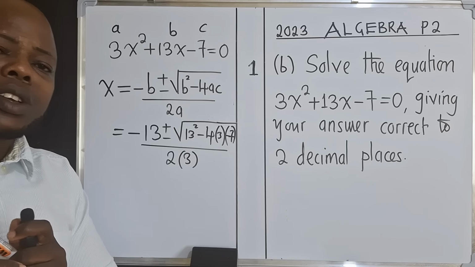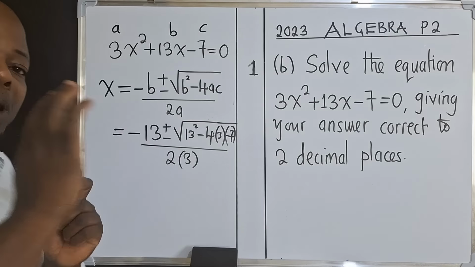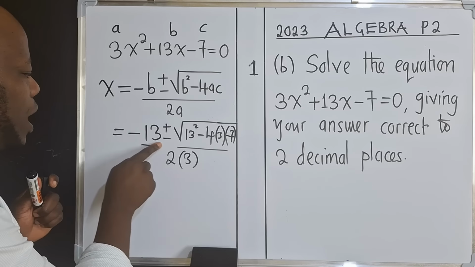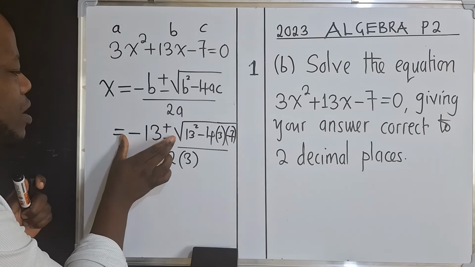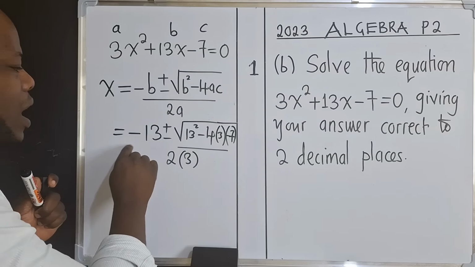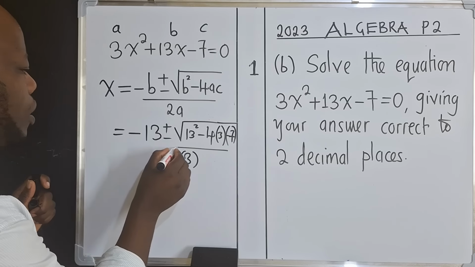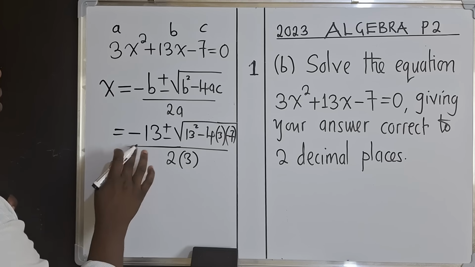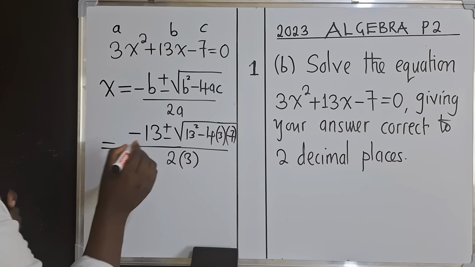You see the way it looks? It looks beautiful. Please don't make a mistake of cutting this bar here. You leave this alone. Everything must be on top. And the equal sign must be here.